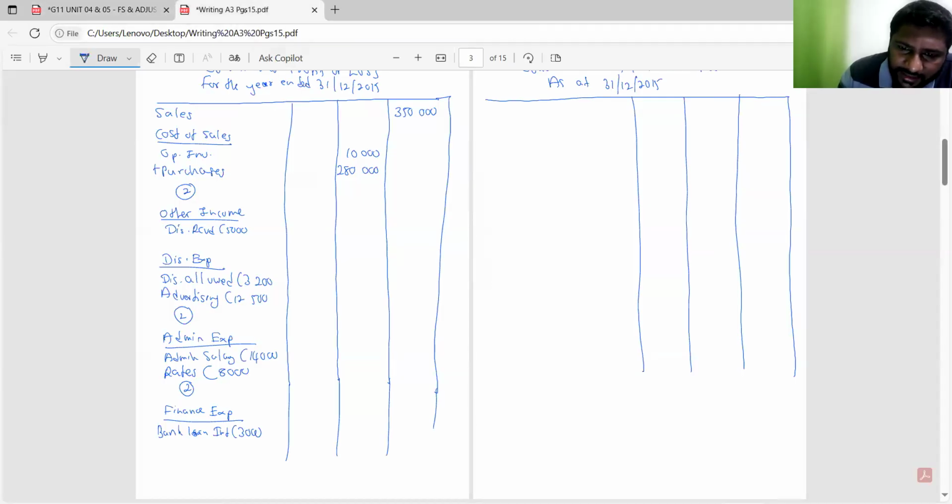Now we can move to the balance sheet. Non-current assets. This heading is very important because for this heading also generally you will be getting marks. Accumulated depreciation and carrying value.